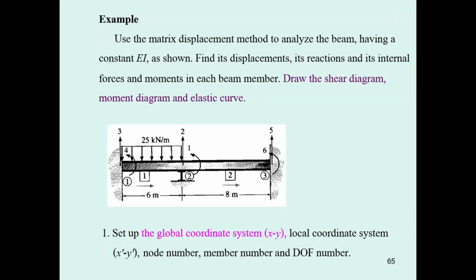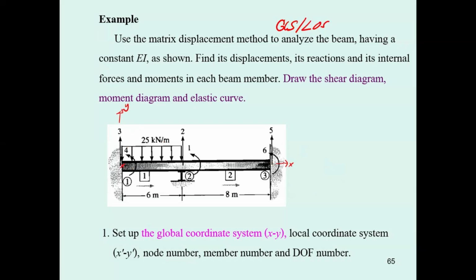Starting on this one, this is an example. The problem will provide you with all the required information about the global coordinate system and local coordinate system. Even if it doesn't provide the global coordinate system, let you know that this is going to be x and this is going to be y. Actually, for a beam, in our scope, you don't need to determine the coordinate.